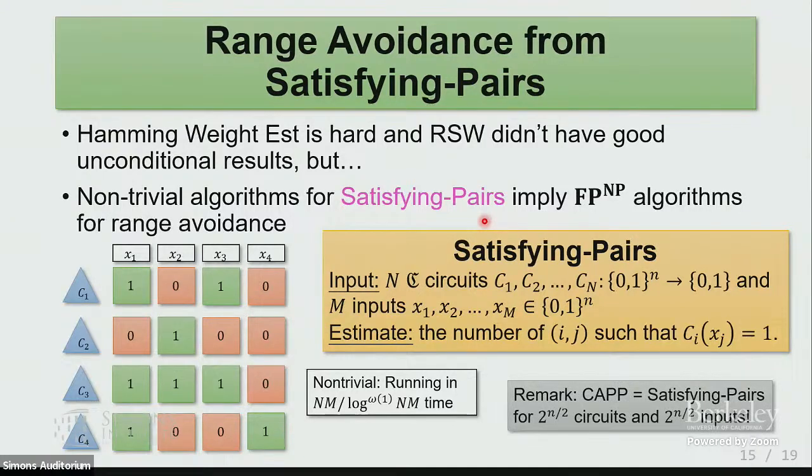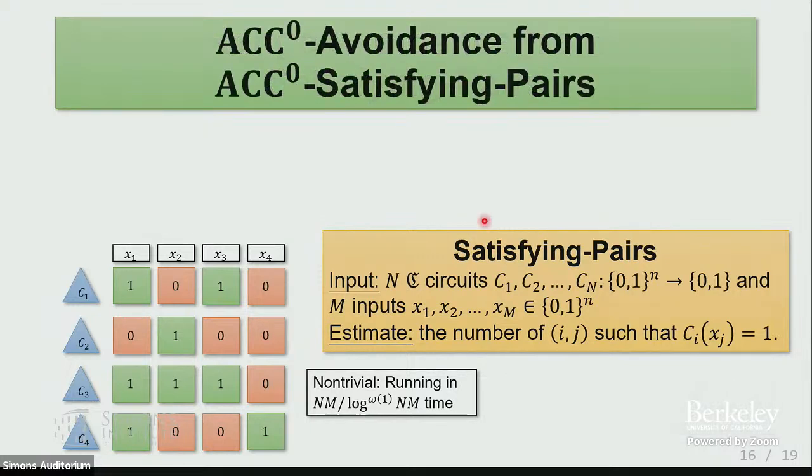Also, you can use a meet-in-the-middle approach to show CAPP reduces to satisfying pairs with 2^(n/2) circuits and 2^(n/2) inputs. So a non-trivial satisfying pairs algorithm implies non-trivial CAPP. And we also observe that.